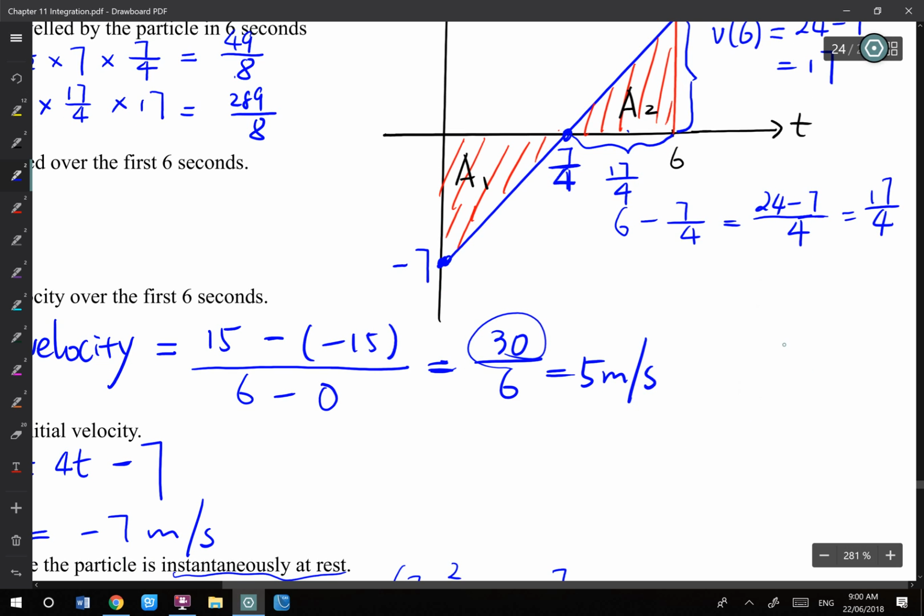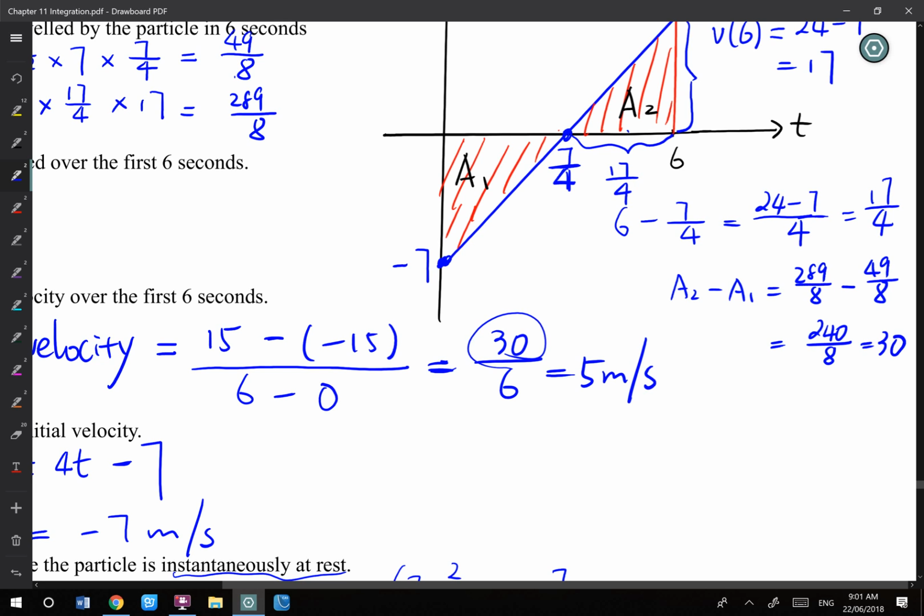A2 minus A1 is 289 over 8 minus 49 over 8, and that's 240 over 8, and we got 30. So it is the correct area because we subtract them. That gives me the displacement, which is the same as the other way, x2 minus x1.